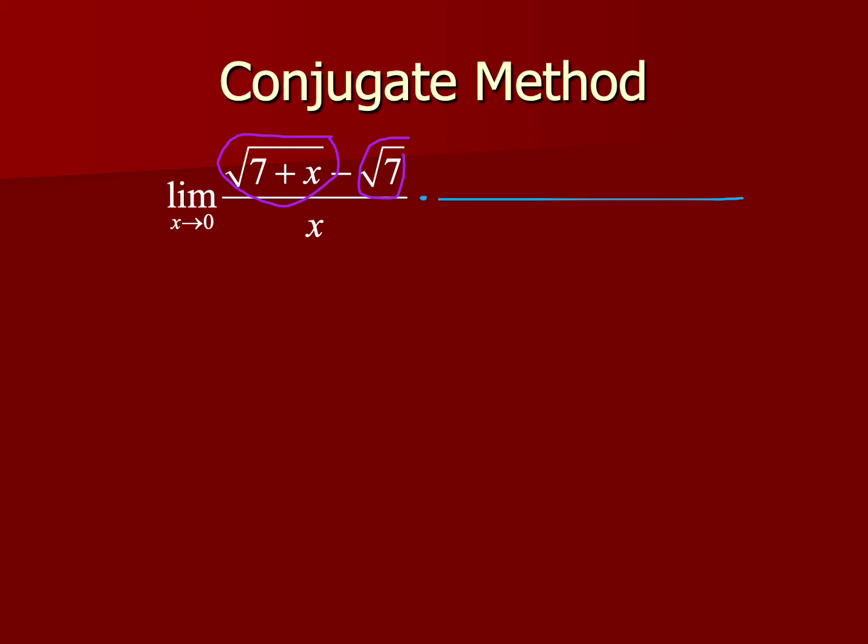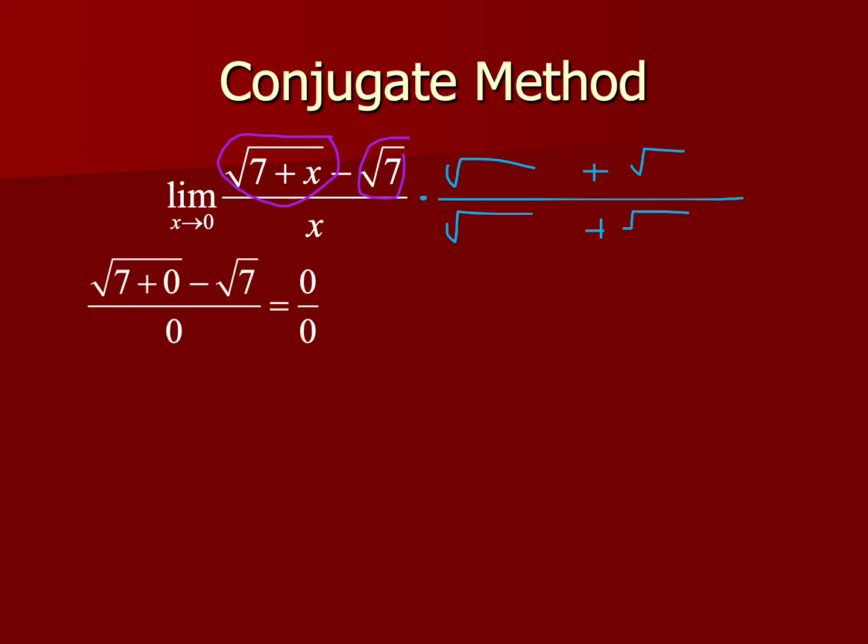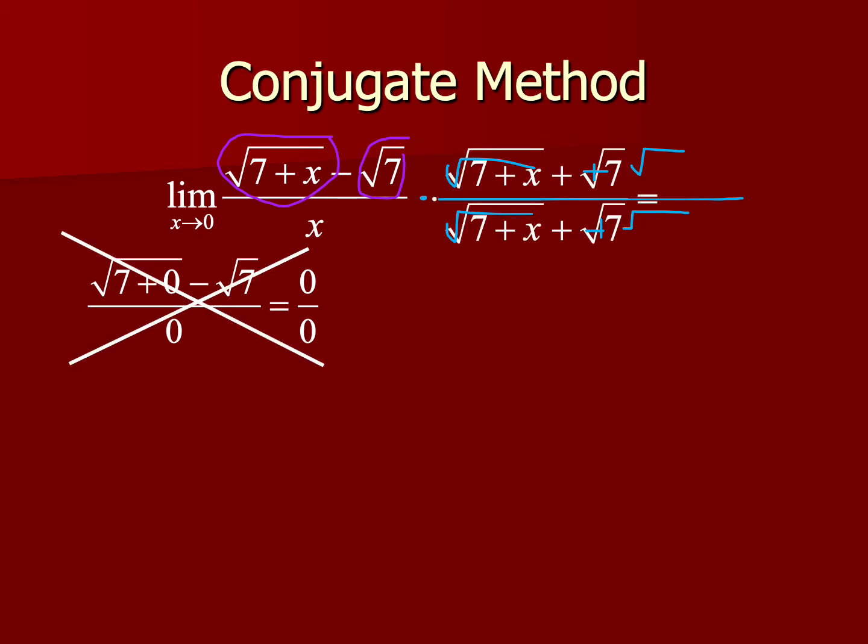The conjugate of this one is the same but plus, and also down the same but plus. By the way, if I replace directly, I get 0 over 0, which is not useful. So when I multiply by the conjugate, I get this part.